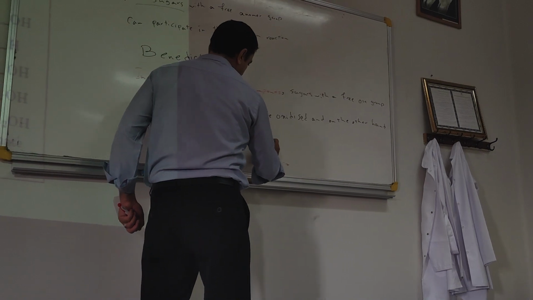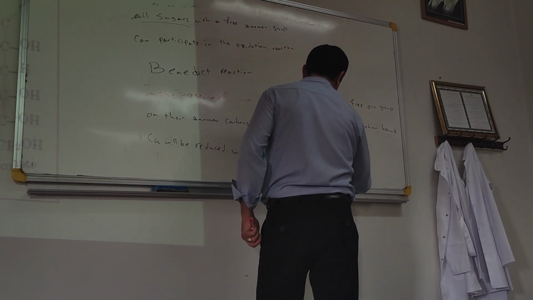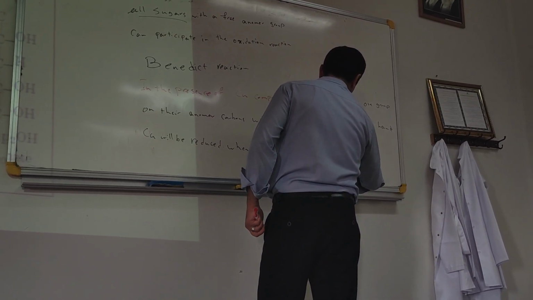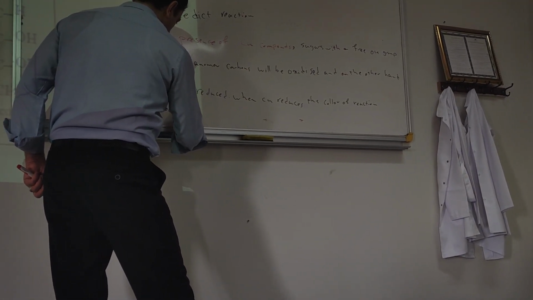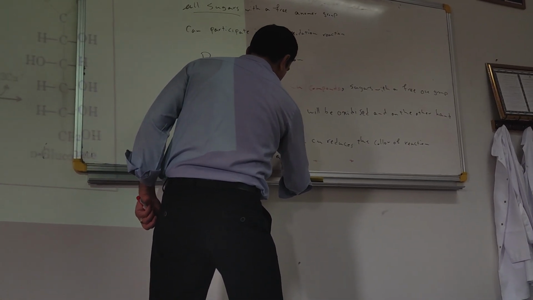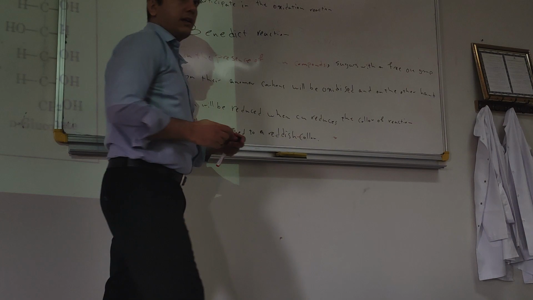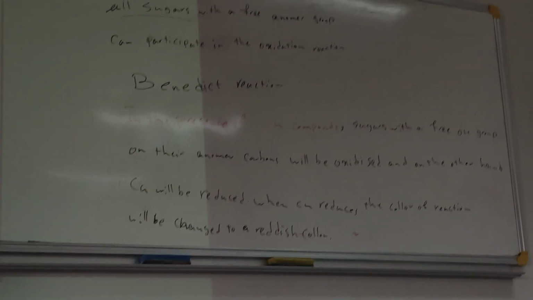Please write this explanation. When Cu is reduced, the color of the reaction changes. So, when the color of the reaction changes, you can understand whether a sugar exists in such a solution or not.